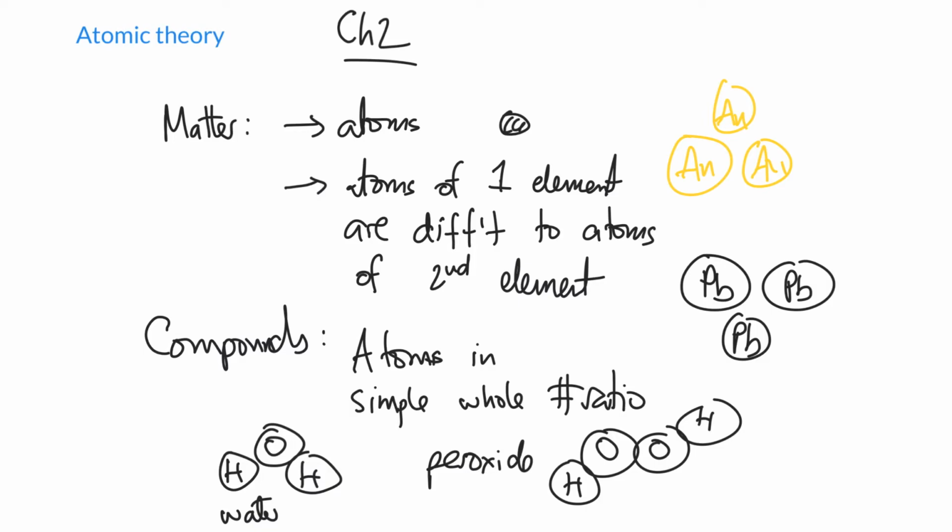You can have 1 or 2 or 3 or 0, but you can't have a fractional number. You can't split these atoms, so they have to come in fixed ratios. So 2 to 1, or 2 to 2, or 3 to 1. You can't have 2.8 to 1.72. That's simply not allowed. So what makes a compound is that it's built from these atoms, and they have to be just kind of like Lego blocks. They have to be in fixed ratios.